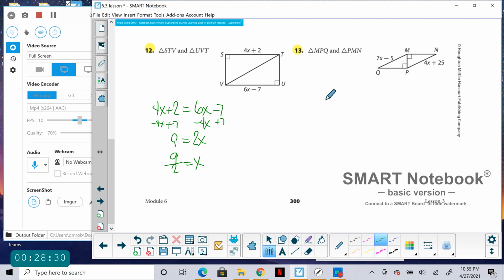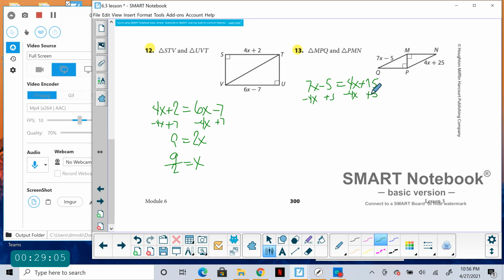Alright, and then in number 13, 7x minus 5 equal to 4x plus 25. So we want to subtract the 4x, plus the 5.